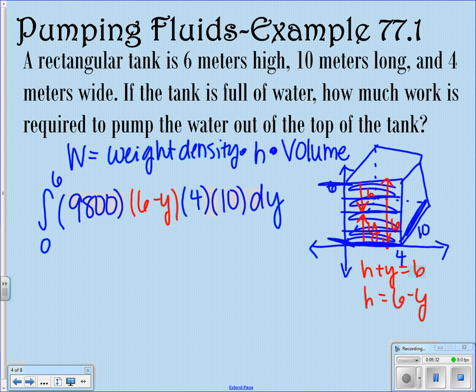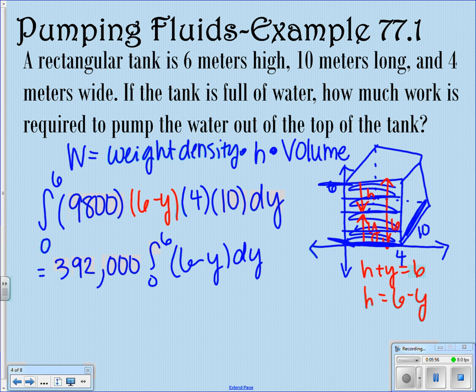So now we're going to pull out 9,800 times 4 times 10. And you have 392,000. And then we're integrating 6 minus y, dy.